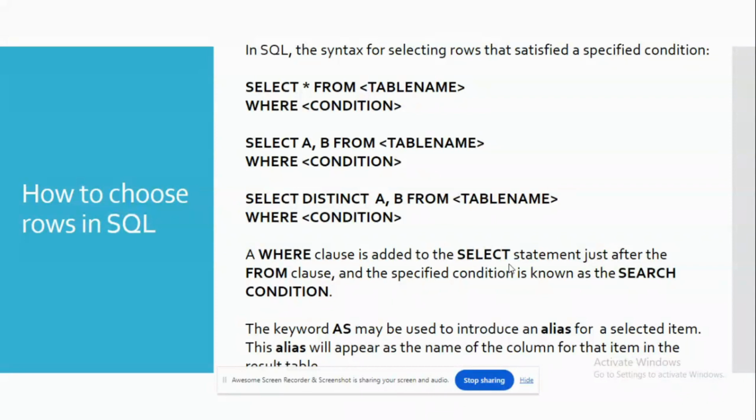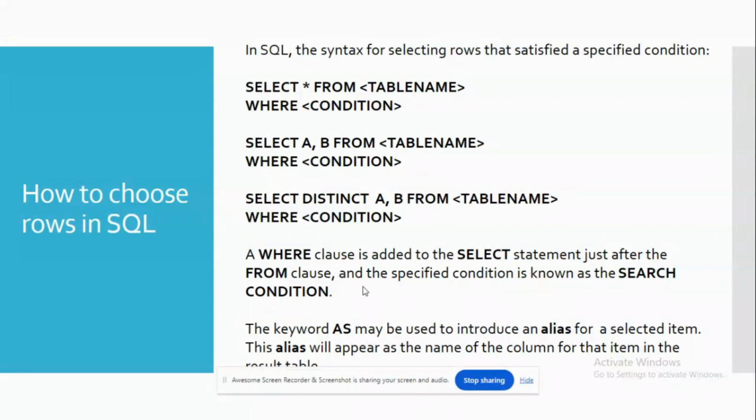In cases where we might want to eliminate duplicates, we'll still use the SELECT statement, then the DISTINCT qualifier, and then the columns which we want, the FROM clause, then the table name, and the WHERE clause, and the condition.